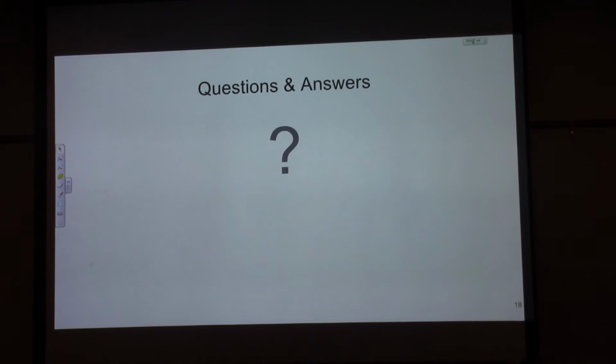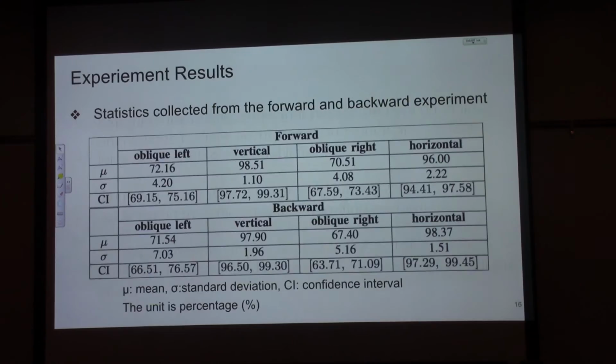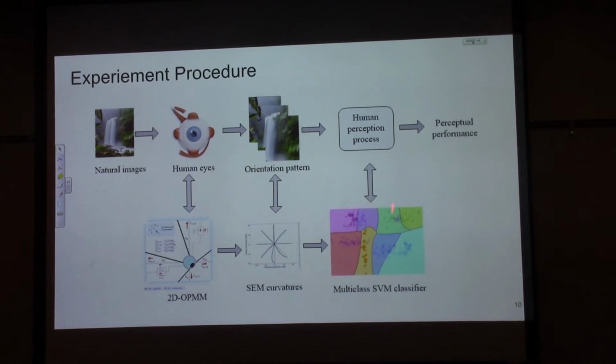Yes. So can you go back to the conclusion? I think maybe I'm missing something. For the first conclusion, you feed the training data set, the images that you generated, to the SVM. And I can't understand how you connect the classification accuracy to human perception of line orientation. So how is the accuracy of the SVM connected to the image perception? So this is explained using this model here.